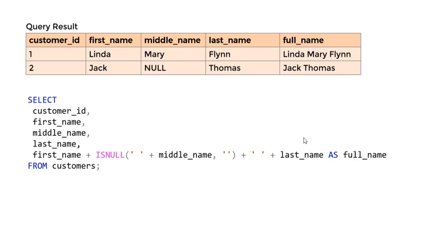So what the ISNULL function is doing is saying that if the middle name is null, replace it with an empty string. This is because a single space plus null is still null, and now we specified an empty string.